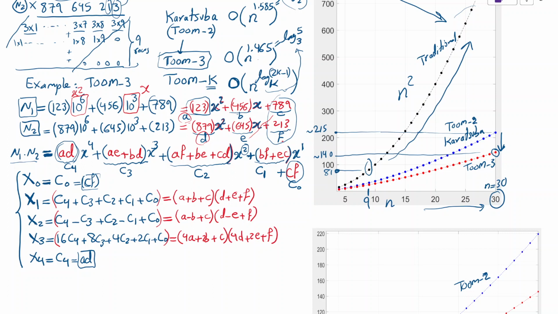Okay, now this is the key. Remember I said A, B, C are 3-digit numbers, and D, E, F are 3-digit numbers. You add 3-digit by 3-digit numbers, you end up with at most a 4-digit number with the most significant digit being 0, 1, 2. So it's very controllable.